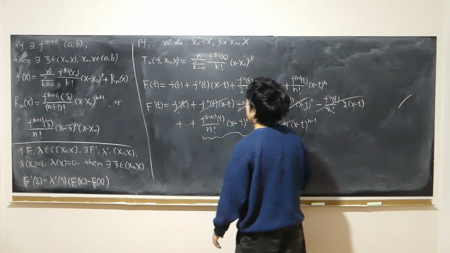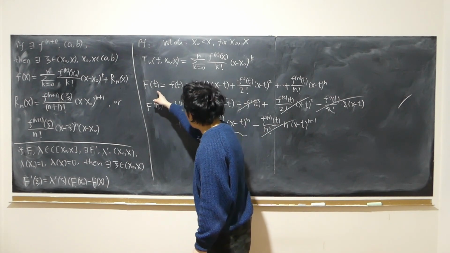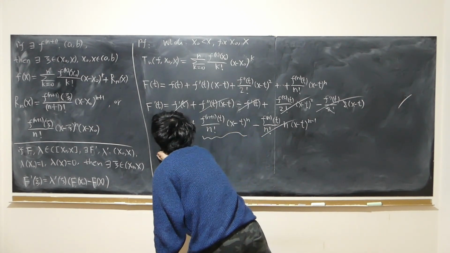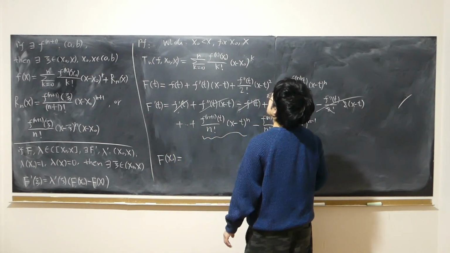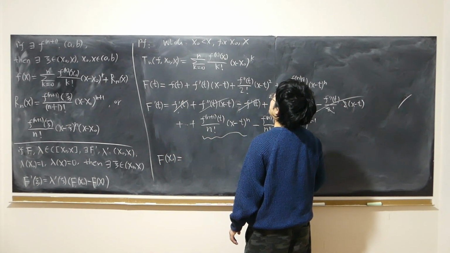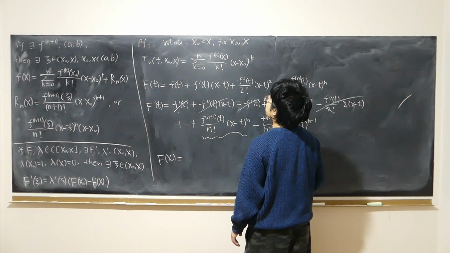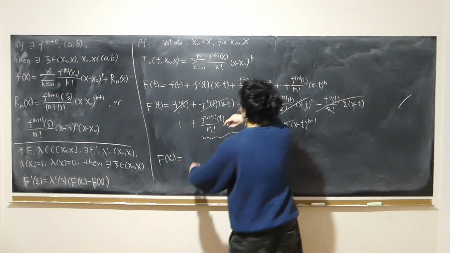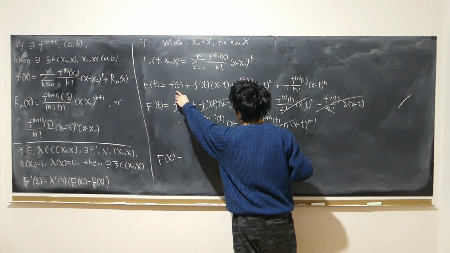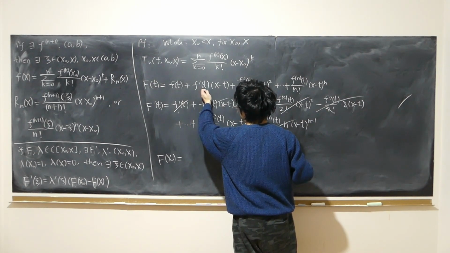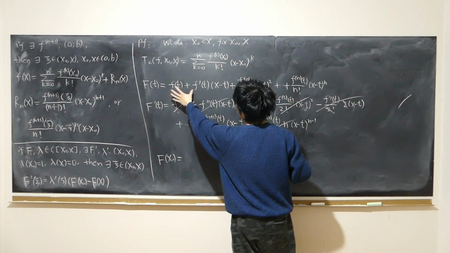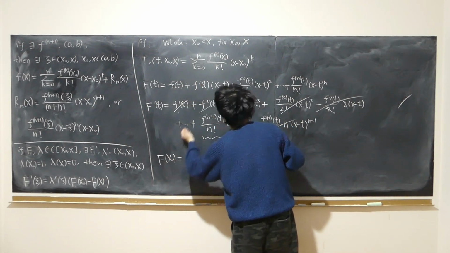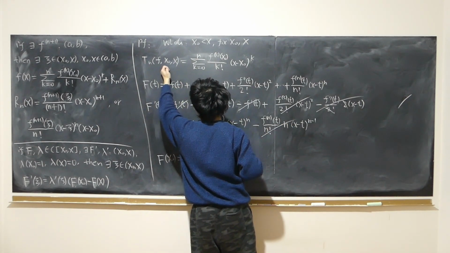Right, let's find out what's the value of f of x naught. Right, what is that? That is f of x naught plus f. Right, that is nothing but T_n f x naught of x, right?